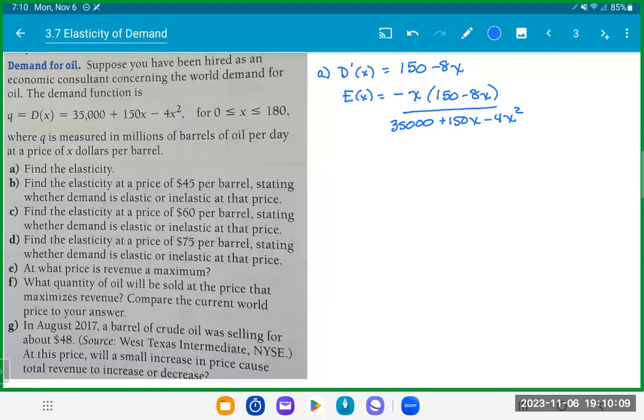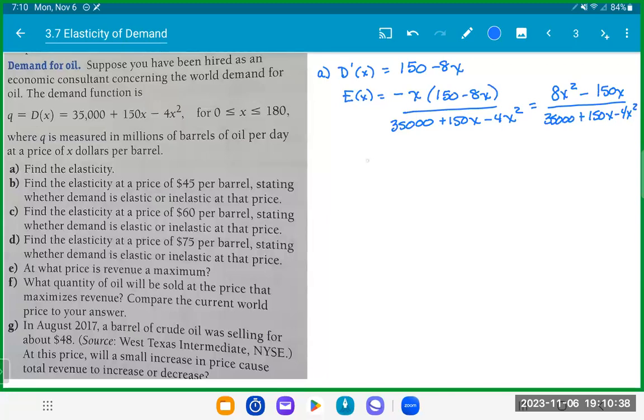And so we'll distribute the negative x to both terms in our numerator. So that's going to give me, I'm going to write the 8x squared first, minus 150x, divided by our 35,000 plus 150x minus 4x squared.